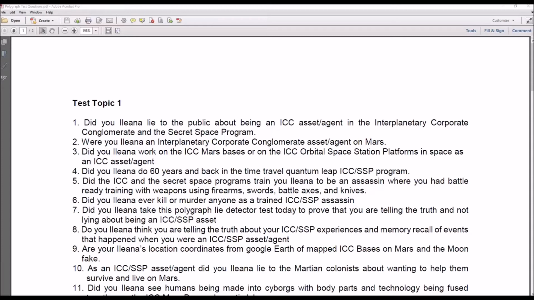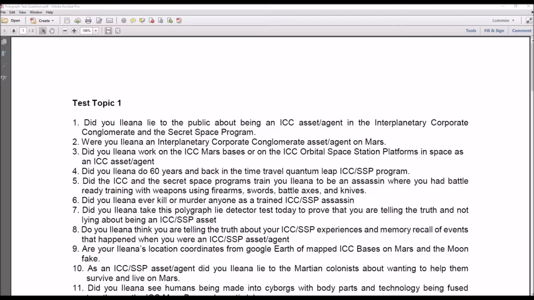And that's written down and noted by the polygrapher. And it's also recorded on the video and audio of the test itself. So you are given a chance to explain yourself of why you gave that answer to that particular question. So basically, that's how the test works.